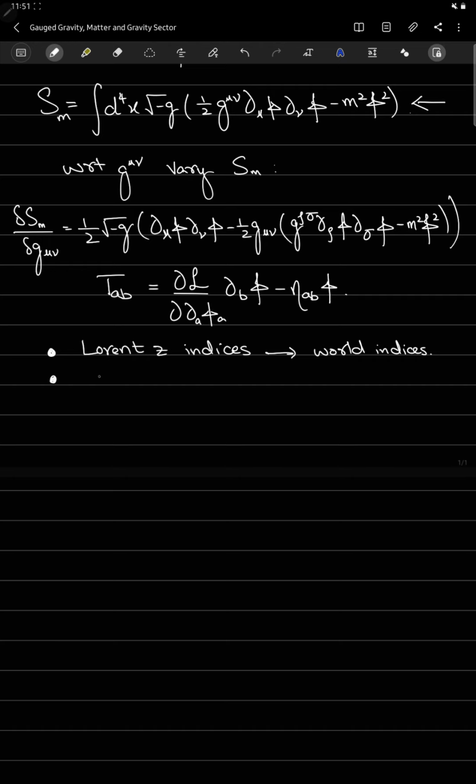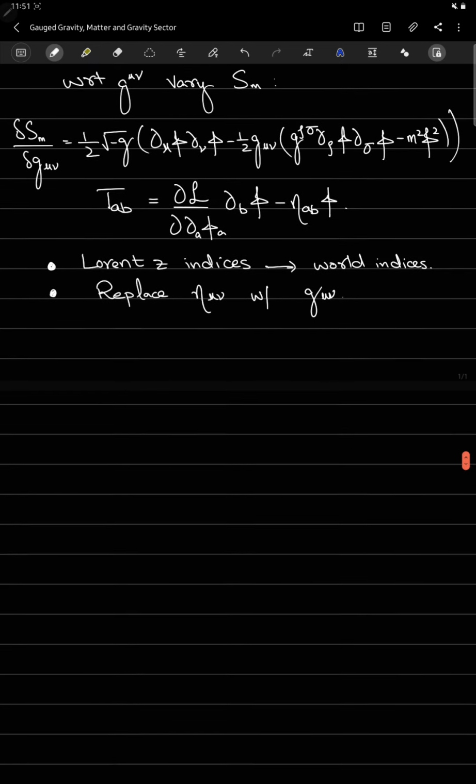The second one is that because we are now talking more generally, I'll replace eta mu nu with the new field that we have, and that is G mu nu. You can recall where I got this G mu nu, and how I replaced it in terms of eta mu nu in the previous lecture in this series.